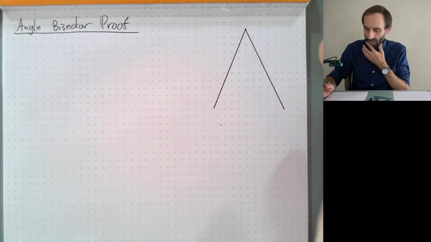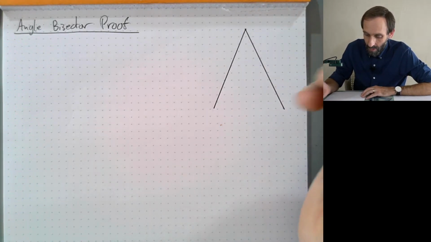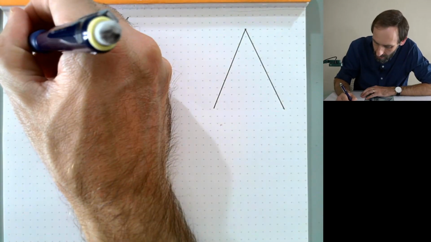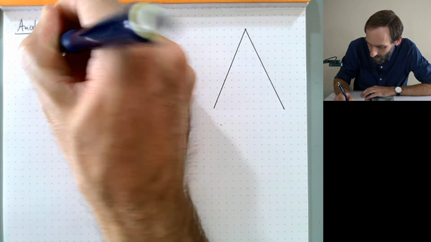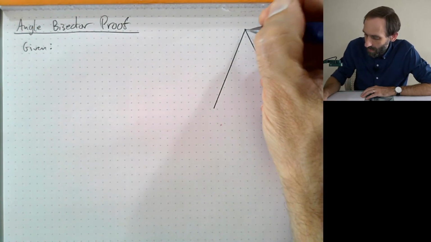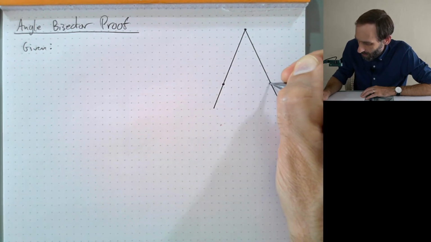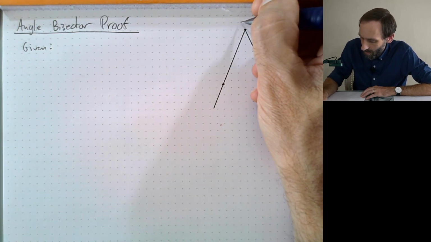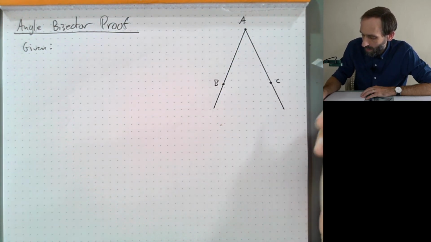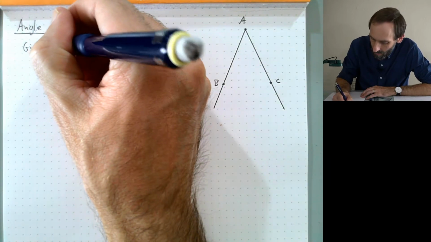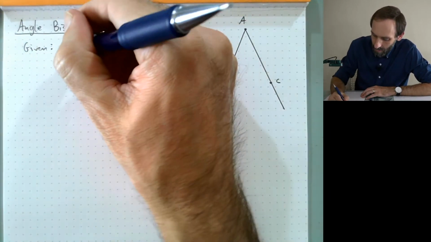So in order to prove something, we need to start out by knowing what we're given. So in this case, what are we given? We're given an angle, and let's actually define some points on this angle so that we can label it properly. So I'm going to call this point A, this point B, and this point C. So given angle A, B, oops, no, I labeled it incorrectly.